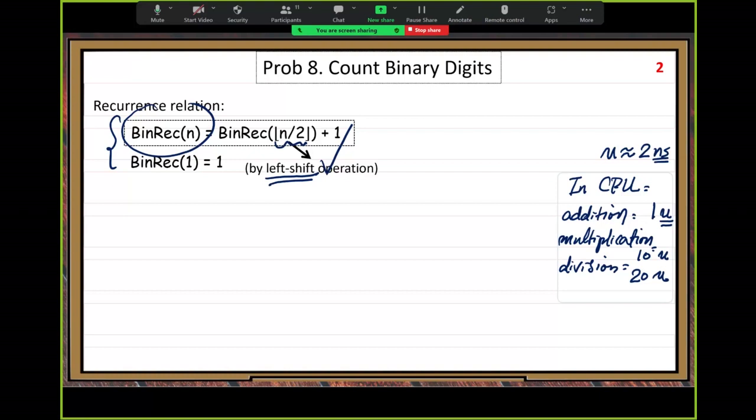That shift operation is even faster than addition. Addition uses 1 unit, approximately 2 nanoseconds. Here, you only use 1 nanosecond. You can do that shift operation in 1 nanosecond. That fast.